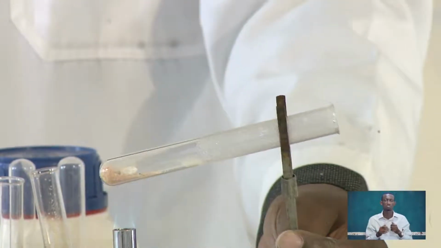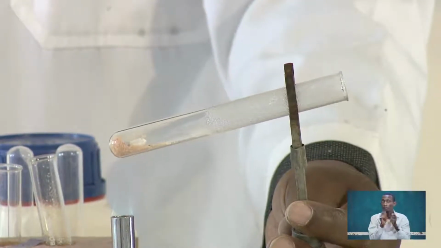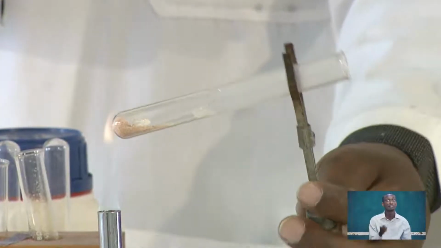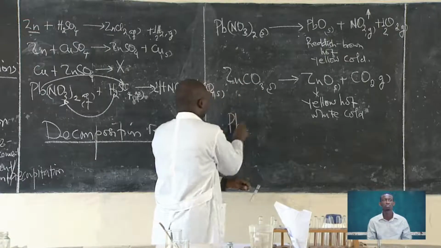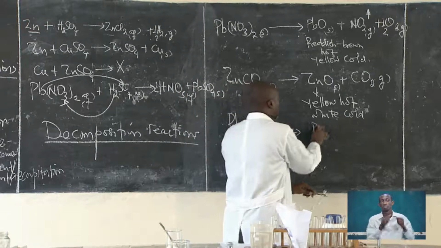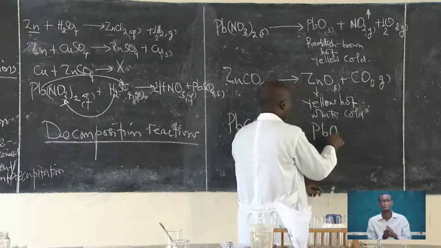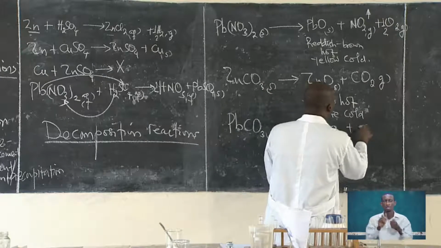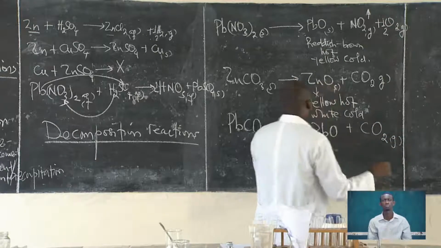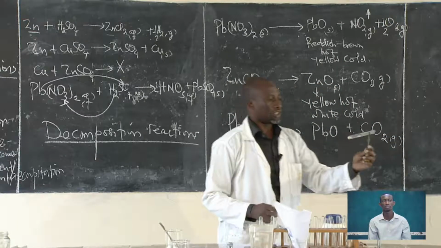So it is changing to brown. This was lead carbonate, remember? Now this one forms lead oxide plus carbon dioxide. Reddish brown, which is there.